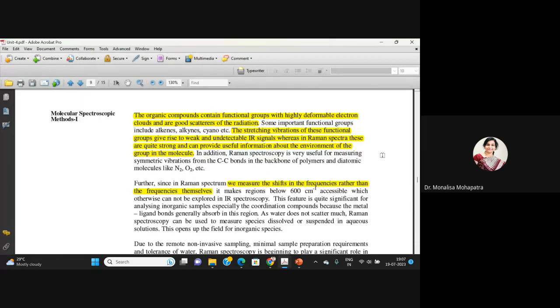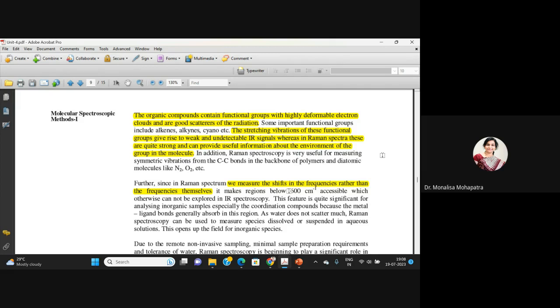In organic compounds, the pi bonds will be there, so the more conjugated the system is, the better the electron cloud, so they can show a good polarizability change, and they can be good systems for study through Raman spectroscopy. But if you are taking hydrocarbons, your electron cloud delocalization won't be much. So that kind of sample is not very suitable for your Raman studies.